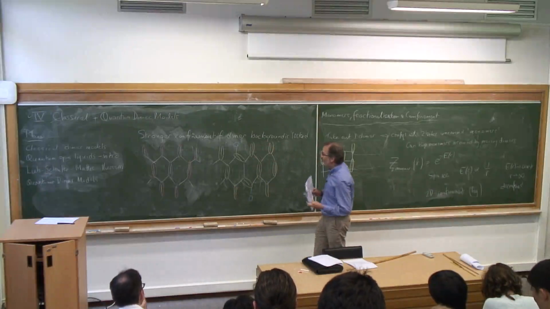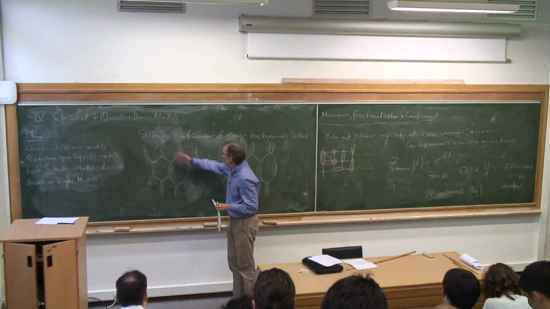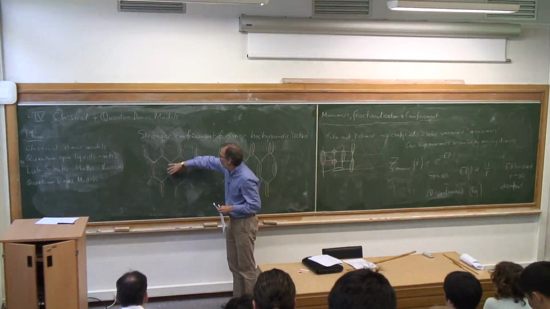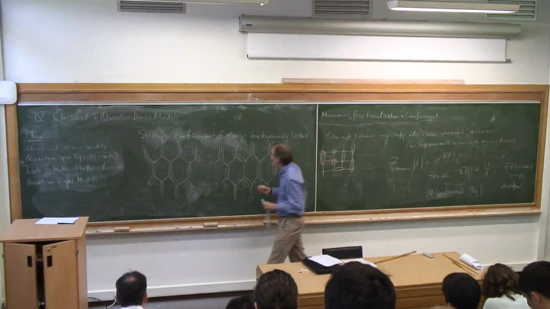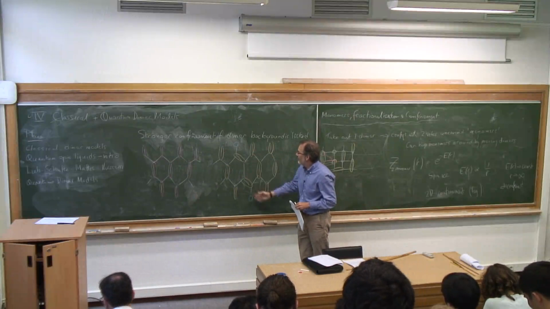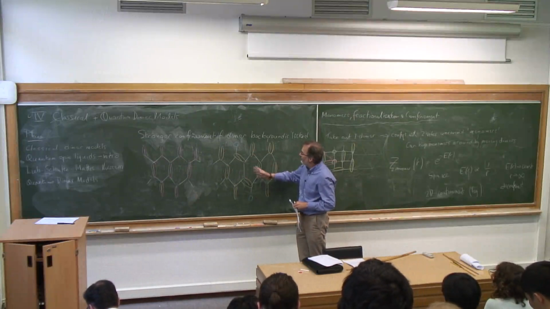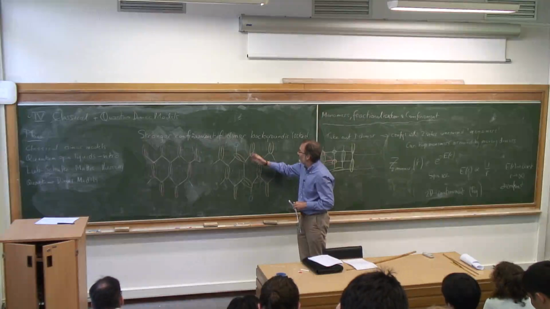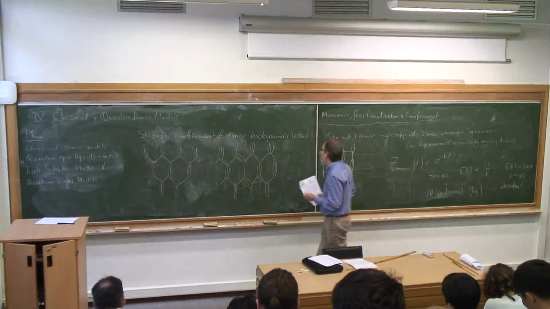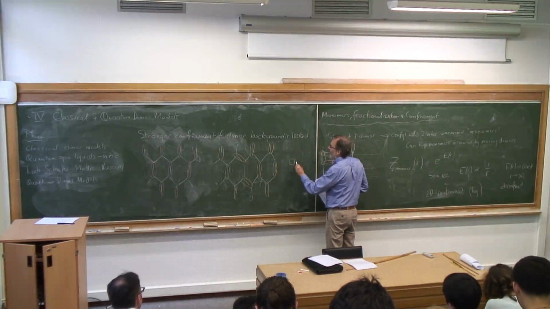And if I'd taken some configuration with at least local fluctuations, then this string of differently oriented dimers would affect the kind of fluctuations that are possible and give you a confinement energy which is linear.